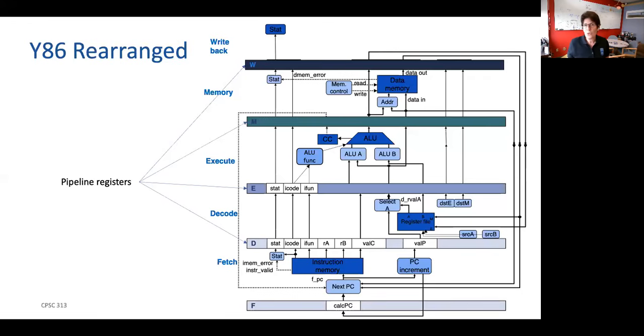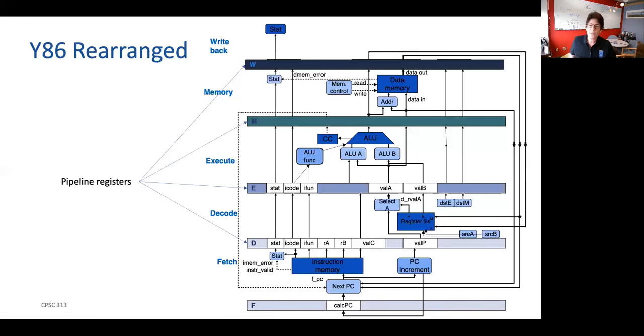We used those in the decode stage to read the register file. But now that we're out of the decode stage, those register numbers don't actually mean anything. Instead, what we have is what the register file produced. So in the execute stage, we're going to need valA, what came out of the register file for A, and valB, what came out of the register file for B.